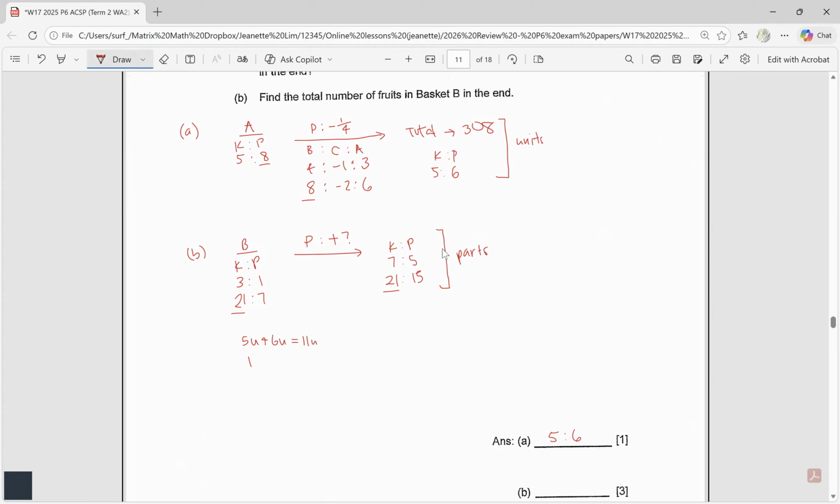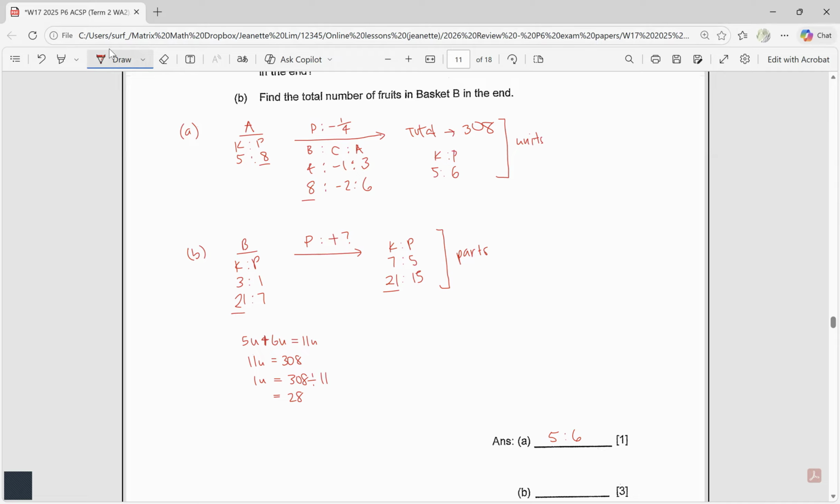So 11 units is 308. Then 1 unit is 308 divided by 11, which is 28.